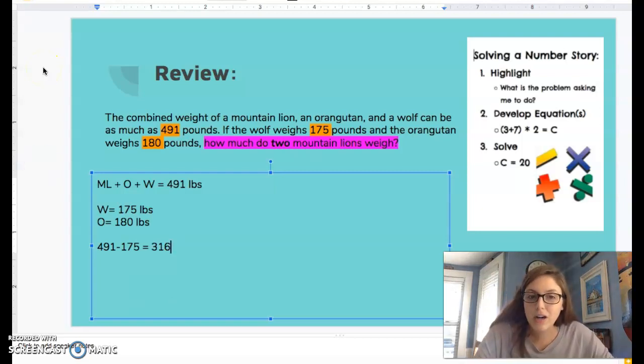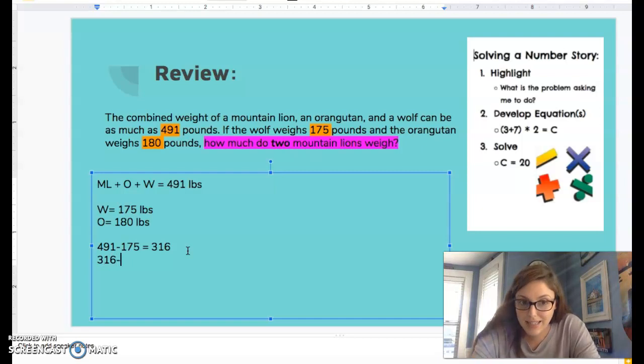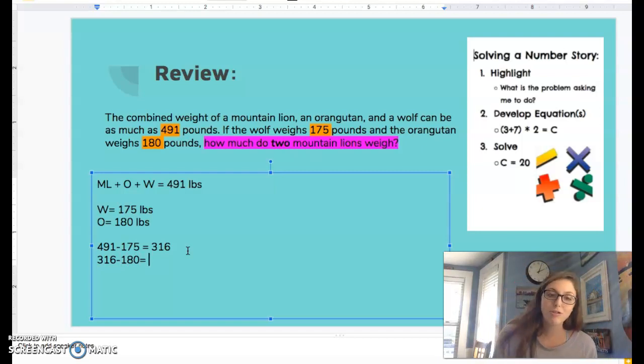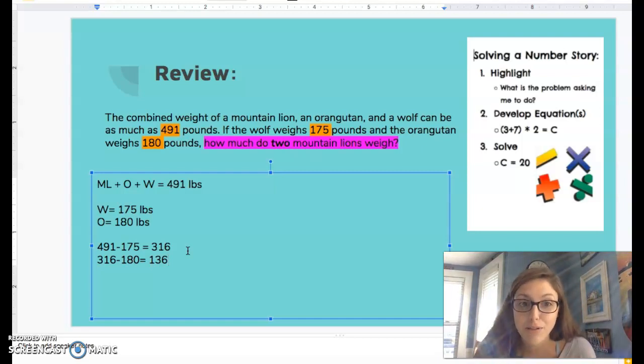Okay, so now I've subtracted what the wolf weighs from the total. I have 316 pounds. My next step is to subtract the orangutan's weight as well. So I'm going to take my 316 and subtract 180 pounds. When I did that, I was left with 136 pounds.